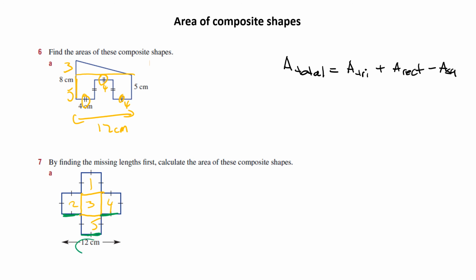My total distance is 12, so I'm going to go 12 divided by 3 because I've got 3 of the same, so that's going to equal 4 centimeters. So that means that's 4. If I take one of those squares, that means 4 times 4, that's going to equal an area of 16 centimeters squared.